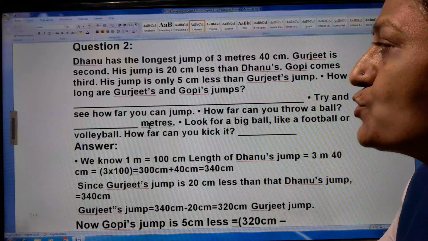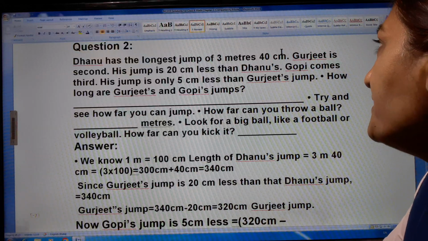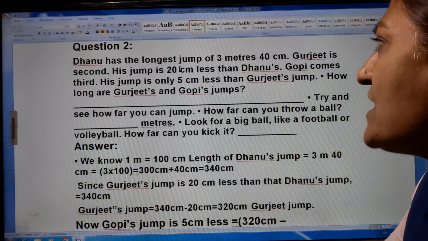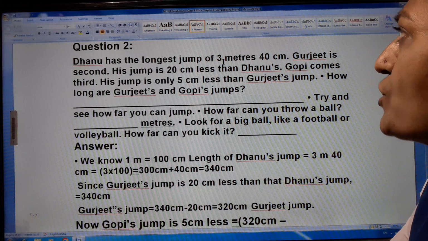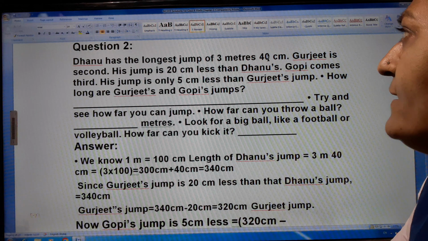Now, question 2. Dhanu has the longest jump of 3 meters 40 centimeter. Gurjit is the second. His jump is 20 centimeter less than Dhanu's. So, Dhanu is 3 meter and 40 centimeter, and Gurjit is 20 centimeter less.